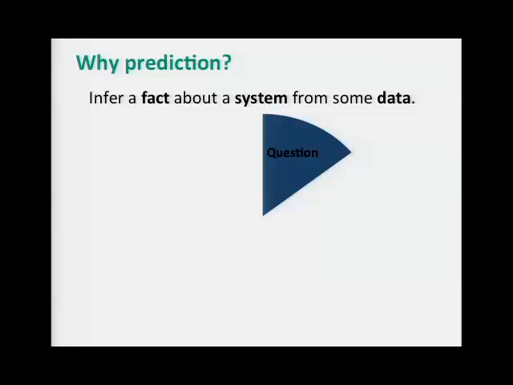We need to start with a clear, precise question for a prediction algorithm. Not necessarily for seizure prediction, but in general terms, we need a question that we would like to answer at the end. So for this question, we need some data.